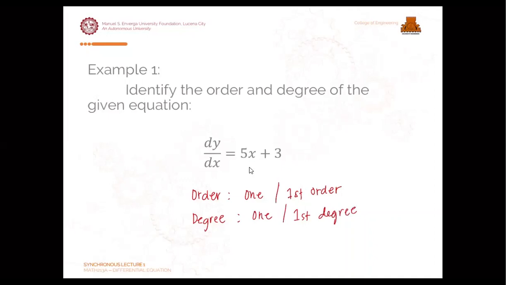So, let's say yung given natin naging 2d squared y over dx squared. Tapos ito naka-raise ng 5. Okay? So, mangyayari ang magiging order nito ngayon will be 2, tapos ang degree nito will be 5. So, yun yung ano niya, pag sa iba example.